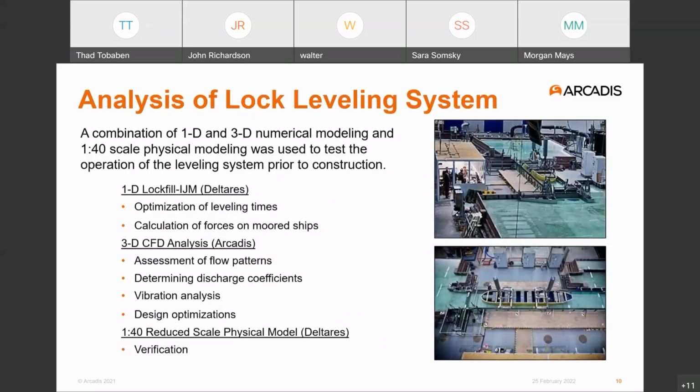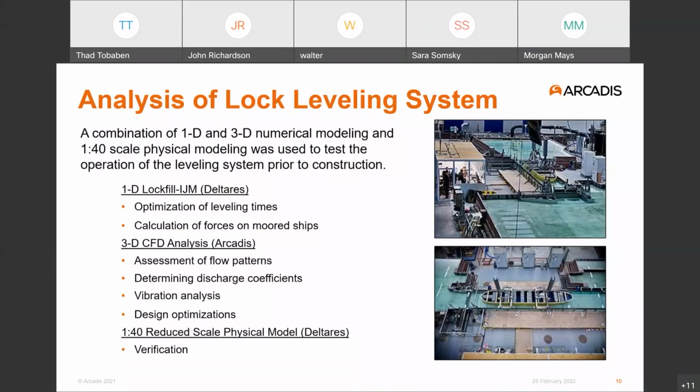So the CFD work that my group carried out was first and foremost aimed at estimating discharge coefficients so that the lock filling and optimization simulations could be carried out accurately. And then, in addition to that, the CFD analysis was used to assess flow patterns that wouldn't be resolved in a one-dimensional calculation.